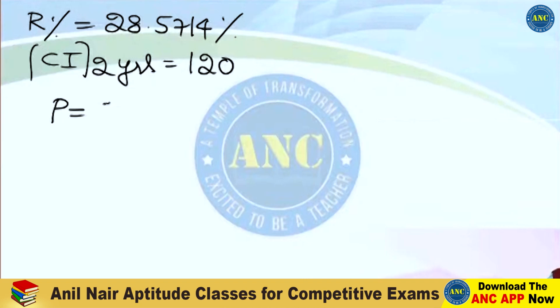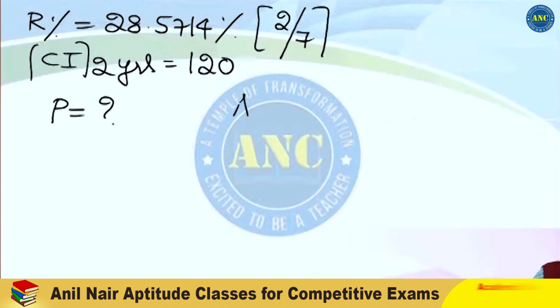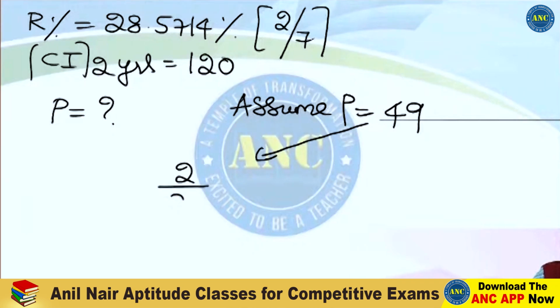Find the principal. 28.5714 is 2 by 7. So assume the principal is 49.